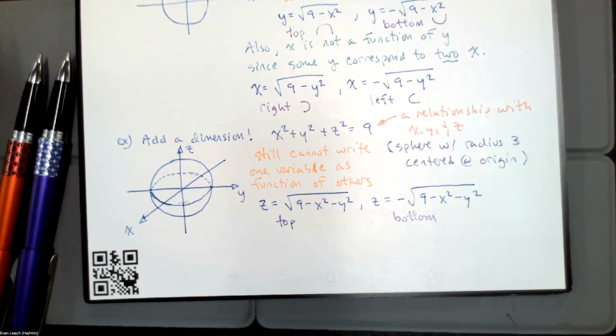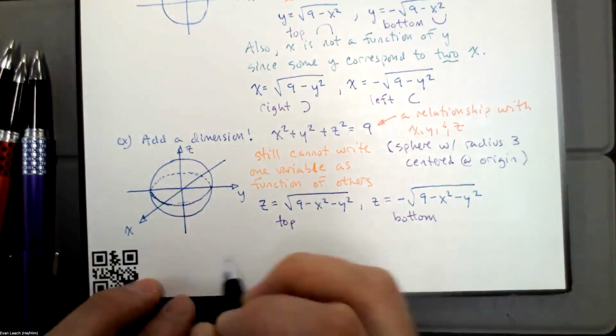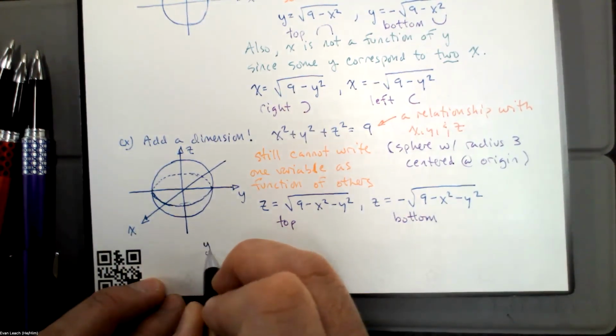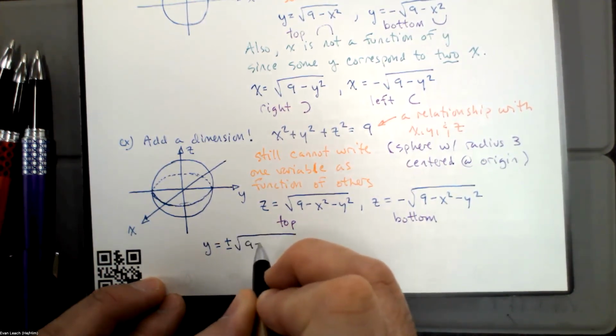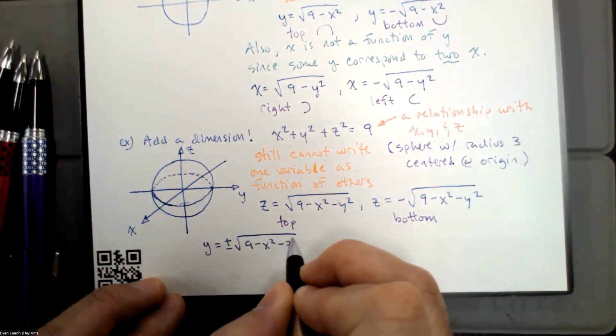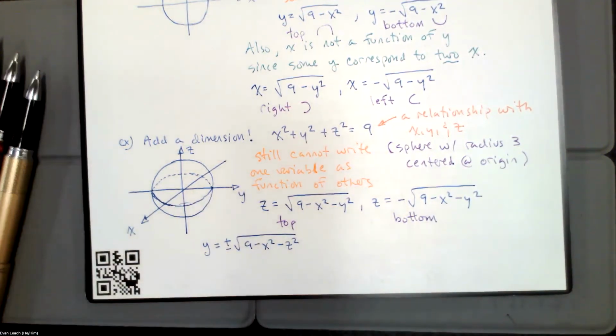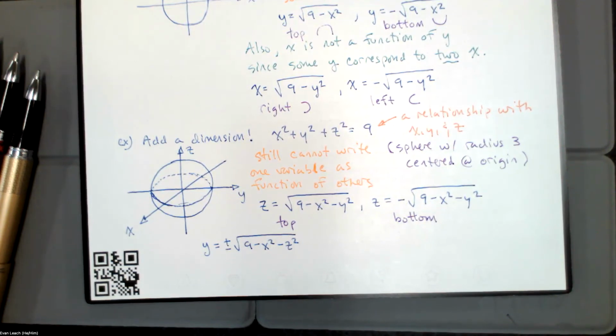Following the same kind of thinking, using this orientation that I've decided, where y is going from left to right, if we solve for y, in this orientation that will give us the left and the right.